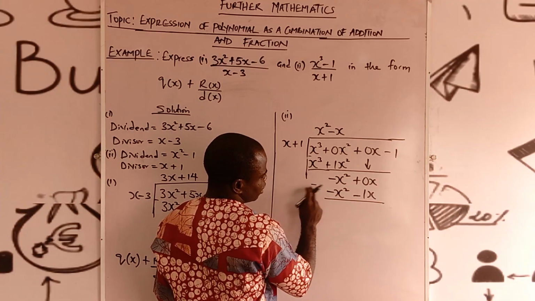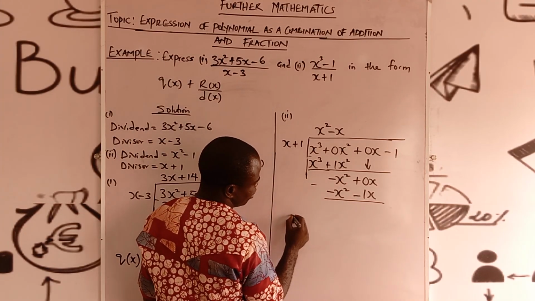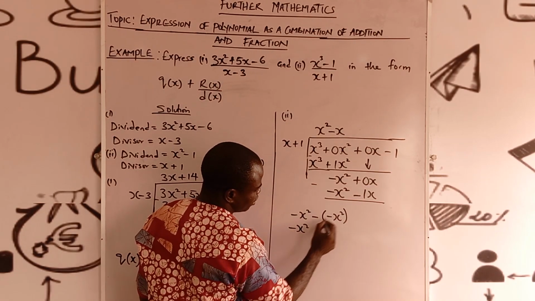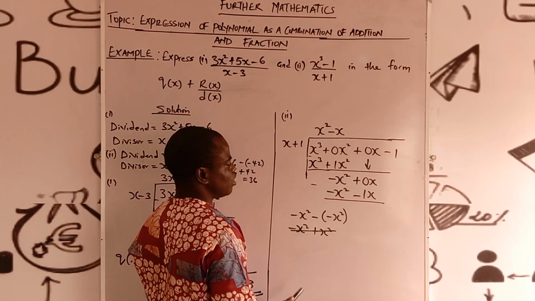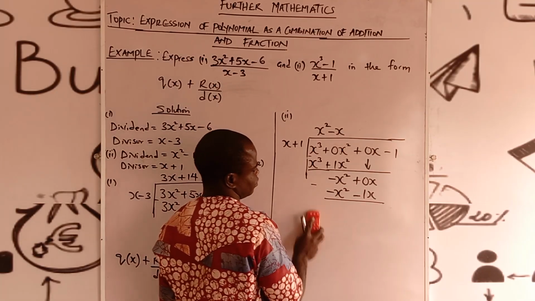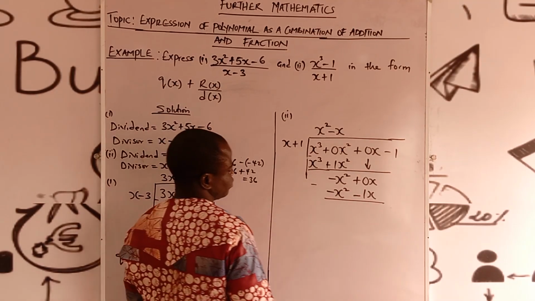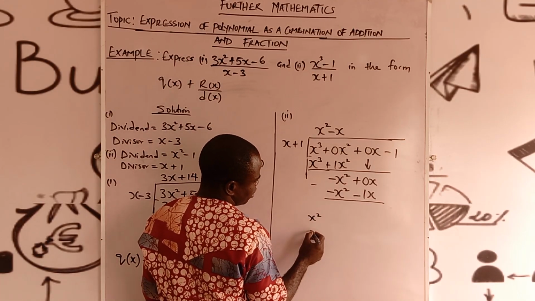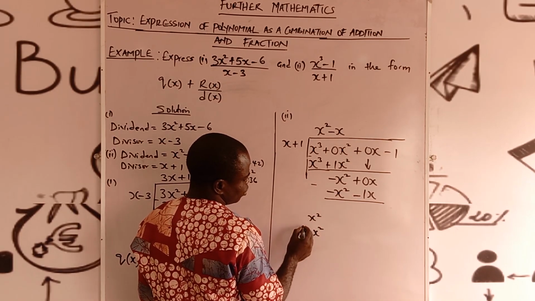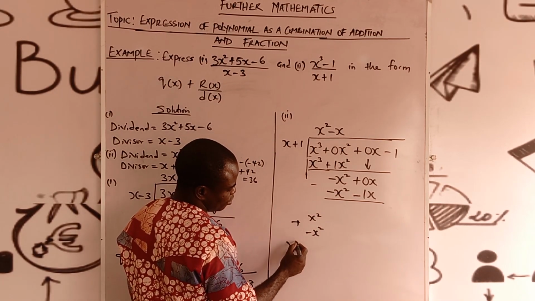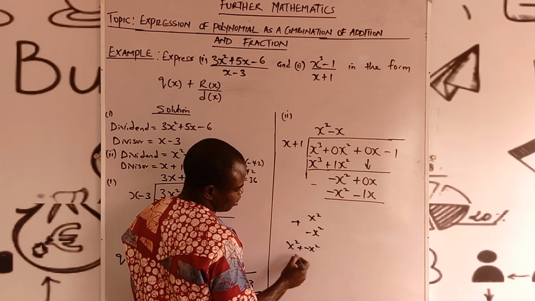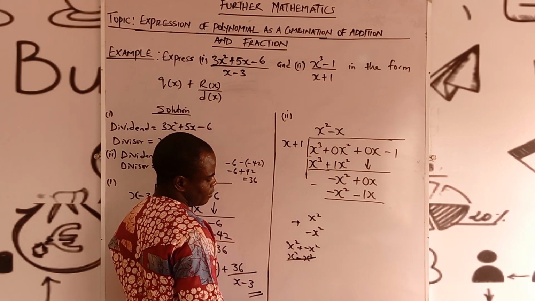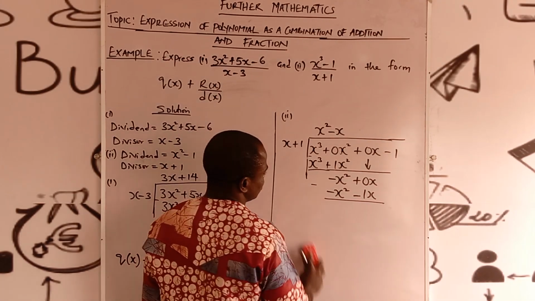Now, since we have introduced x here, and you have minus x squared, minus x squared, then negative and positive x squared cancel out. But if you put a positive here, where you have x squared and minus x squared, you just need to add.